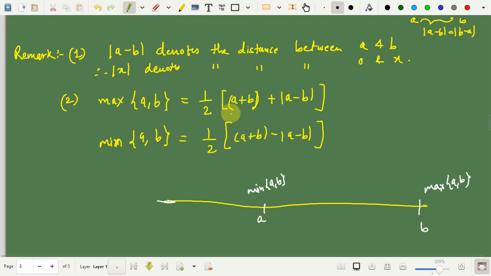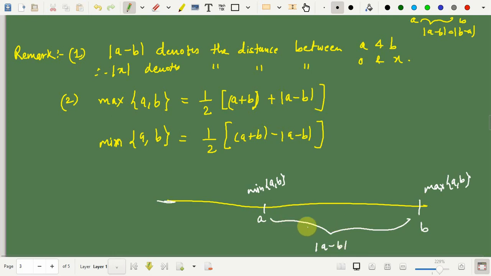Now, if you notice one thing over here, by the above terminology, this whole thing would be the same as saying it is the distance between a and b or b and a. That is the same as saying mod of a minus b or mod of b minus a. Remember that mod of a minus b is always the same as mod of b minus a, because mod of x is the same as mod of minus x.